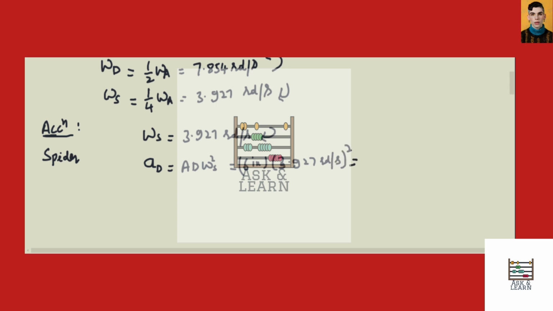So it would be 92.53 inch per second square. In this direction you can see gear A, this is gear D. So this is the acceleration of D, and this distance is 6 inch.